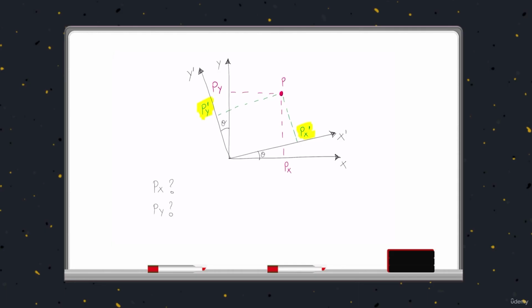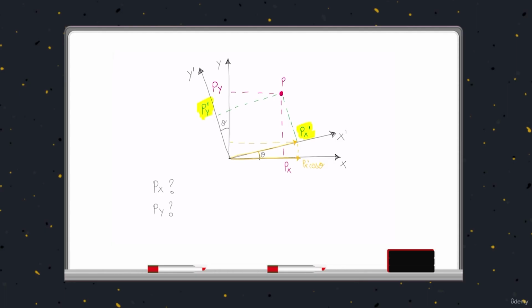The px' coordinate can be represented as a vector, and we can then project this vector along the x and y axis of the world reference frame. By applying some basic trigonometry, we can say that the coordinate of the vector px' along the x-axis is equal to the length of the vector px' times the cosine of the angle theta.